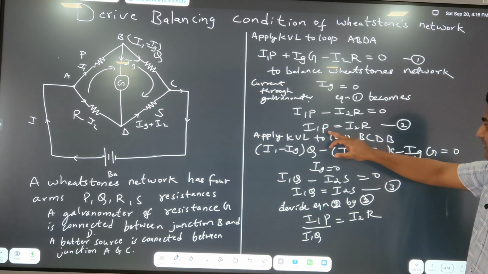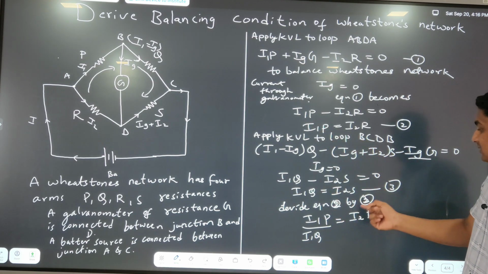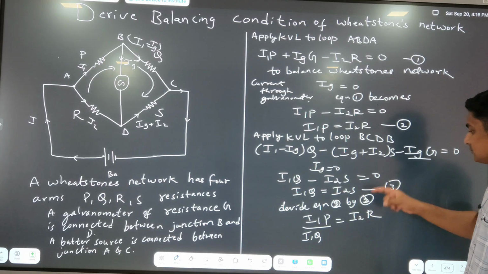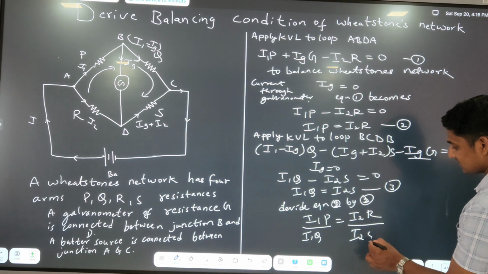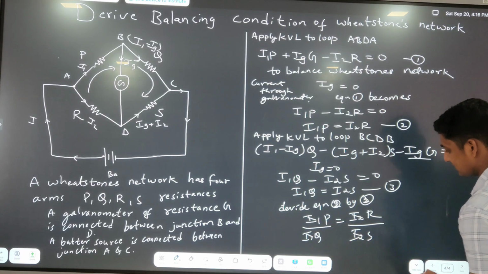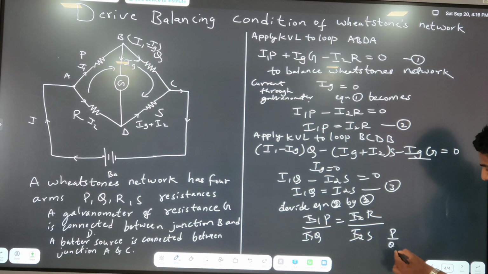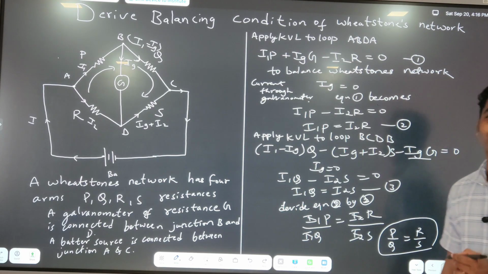Equation 2 is I1 P, equation 3 is I1 Q, and similarly I2 R divided by I2 S. This I2 and this I1 get cancelled. We get the equation P by Q is equal to R by S. This is the balancing condition of the Wheatstone network.